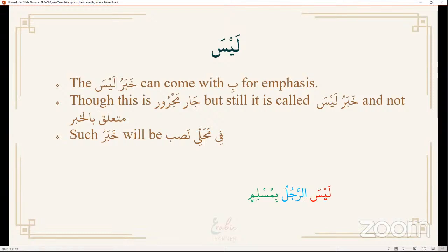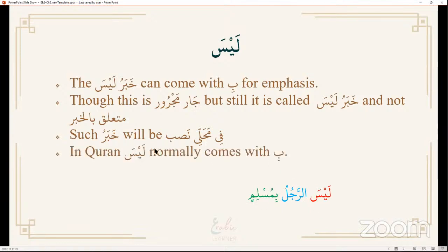Normally I will say Laysa rajulu musliman, meaning the man is not a Muslim. But if I say Laysa rajulu bi muslimin, then I am saying the man is surely not a Muslim, definitely, indeed not a Muslim. Understood, brothers and sisters? Is this clear?